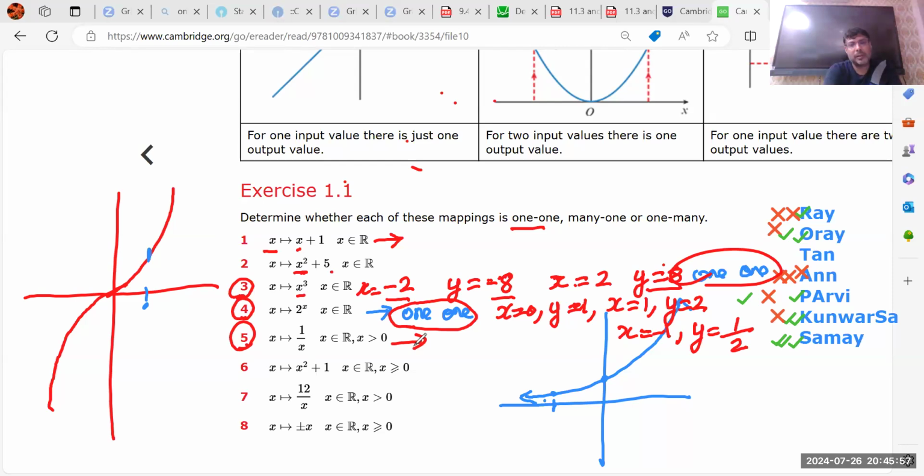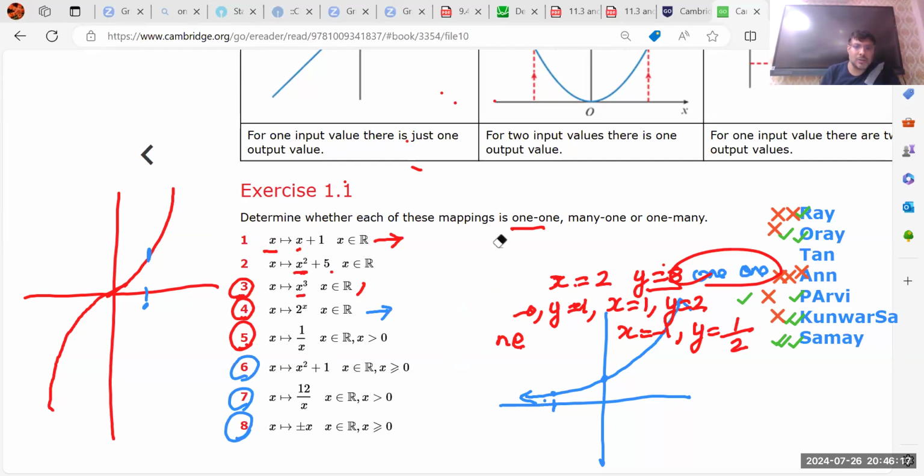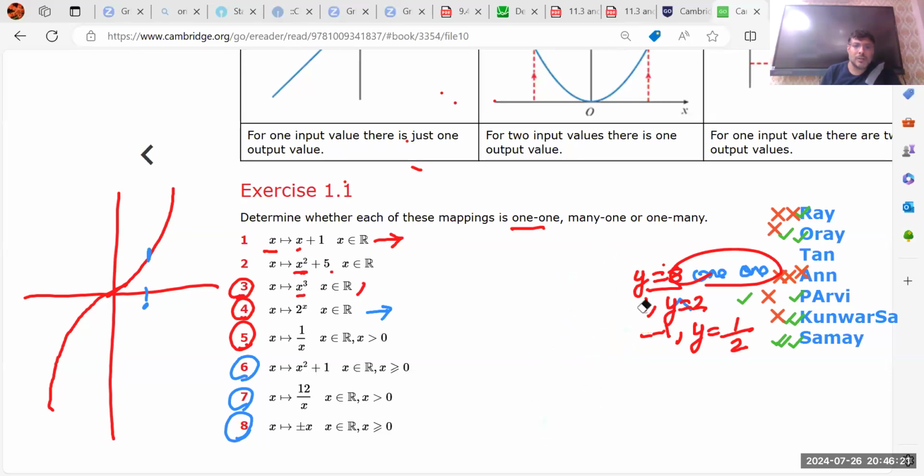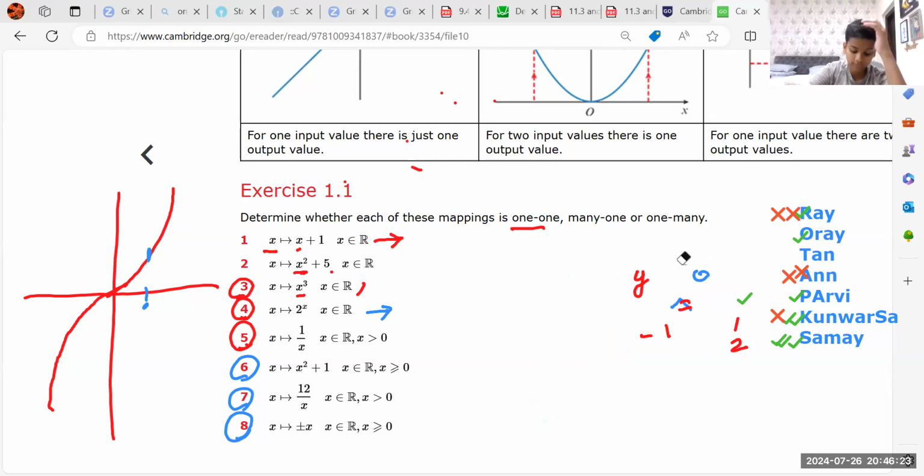It is also 1-1. So guys, give me the answer of 6th, 7th, 8th. If anyone has not understood any question, they can ask me. Have we understood?